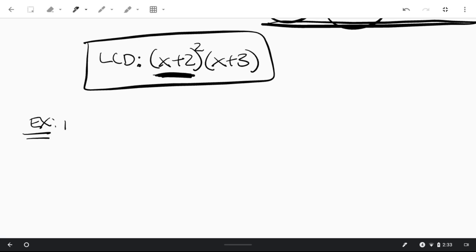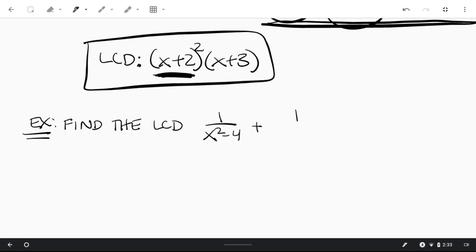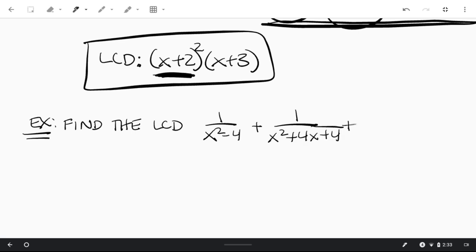Okay, so let's find the LCD of this problem. 1 over x squared minus 4, plus 1 over x squared plus 4x plus 4, plus 1 over x squared plus x minus 6.